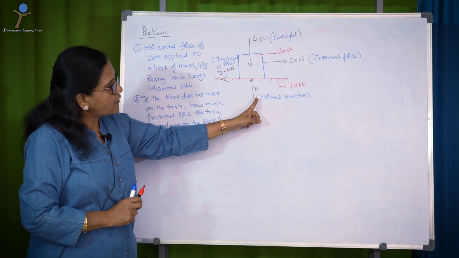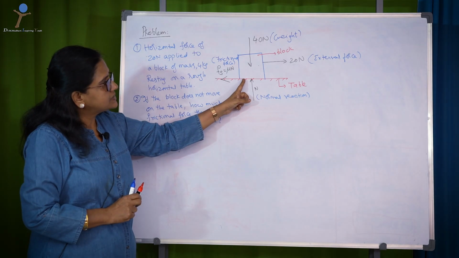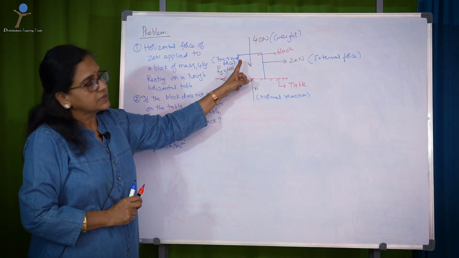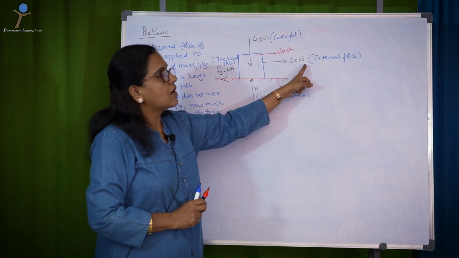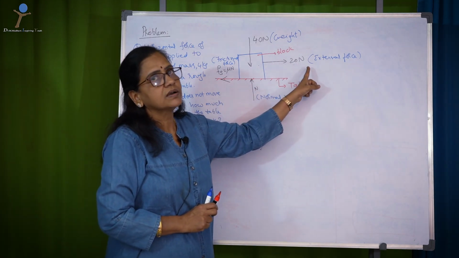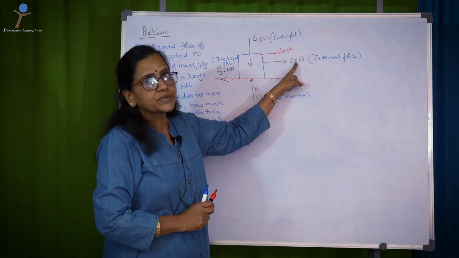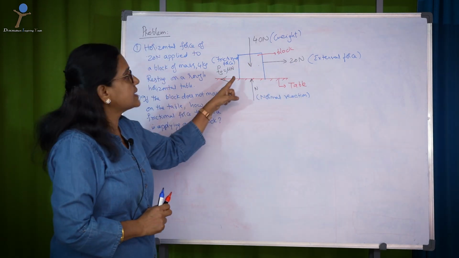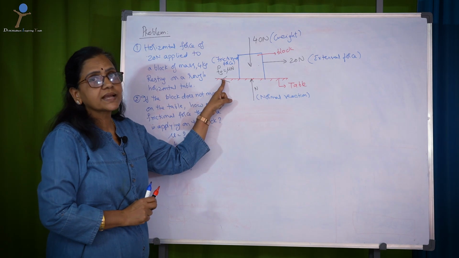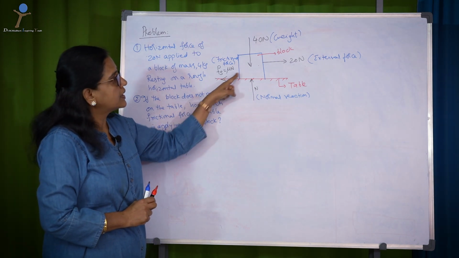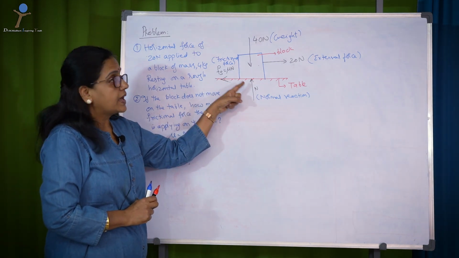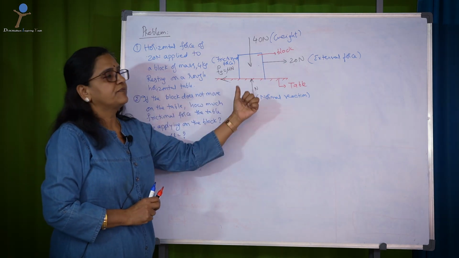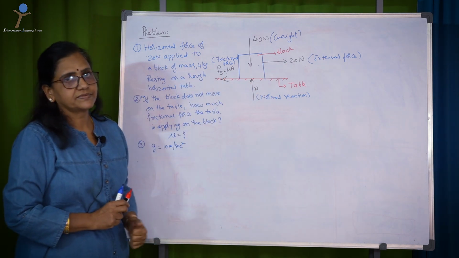This is the force caused by the table on the block. Now, since you are trying to move the block with an external force of 20 newtons, a frictional resistance occurs at the contact surface of the block and the table, in the direction opposite to the applied force, that is towards left.